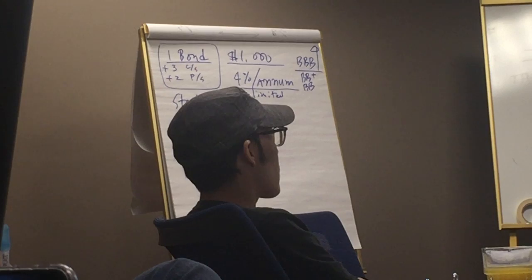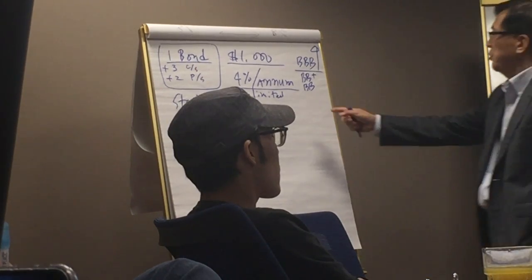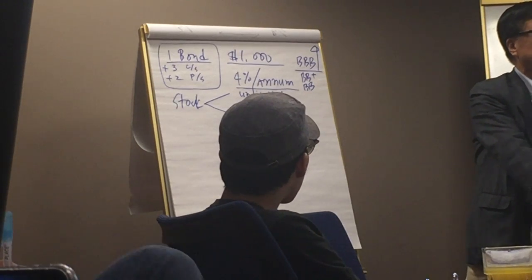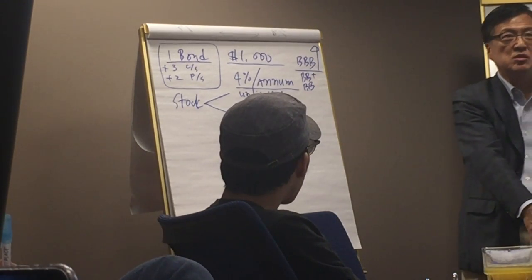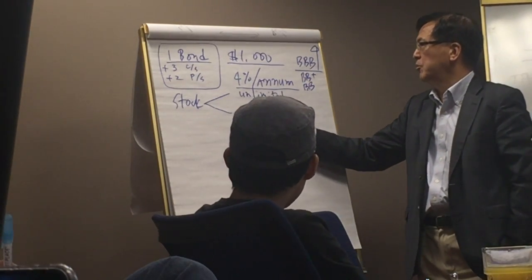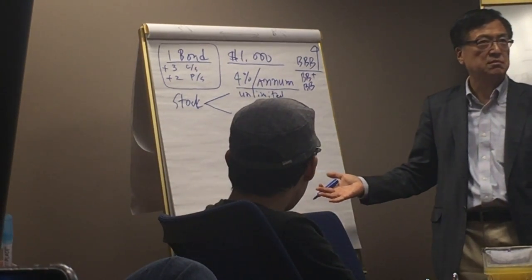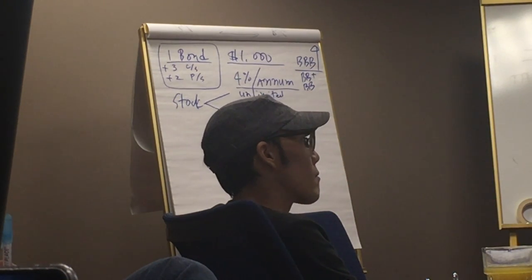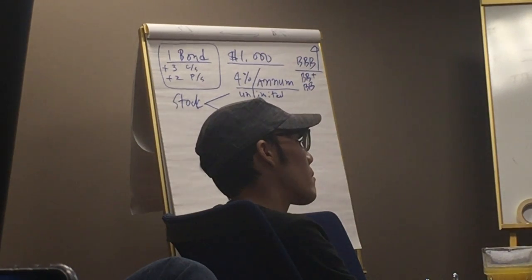A while ago. Upside potential is unlimited. Downside risk is also unlimited. It can be scrap paper overnight, right? There's no guarantee. That's the difference. In other words, fixed income as opposed to upside and downside.